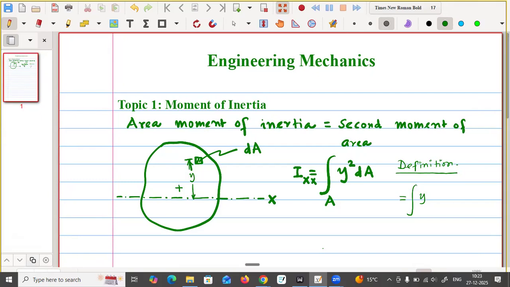So y square is basically y times y dA. You can look at this this way also: y dA multiplied by y. This may be called the first moment of area because you are multiplying y, that is the moment arm, with the area, so it becomes the moment of area.